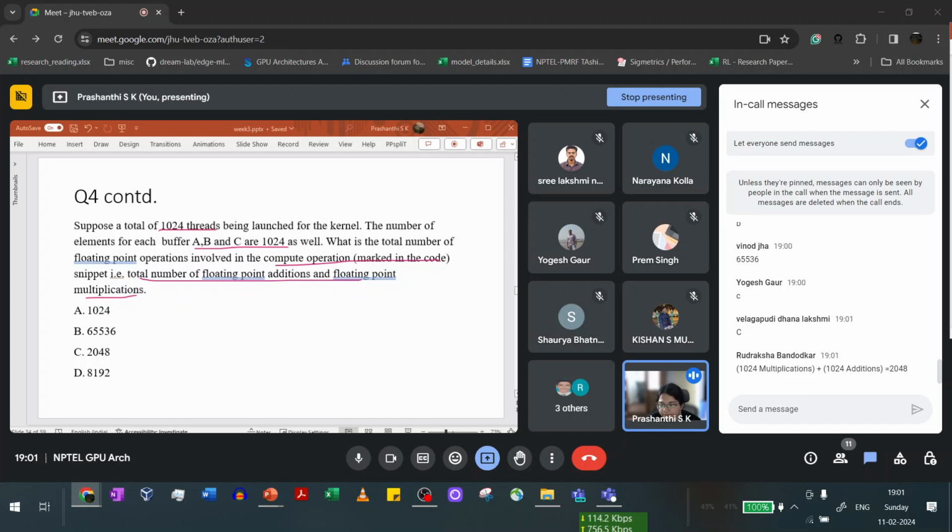Okay, 1024 multiplications plus 1024 additions, 2048.